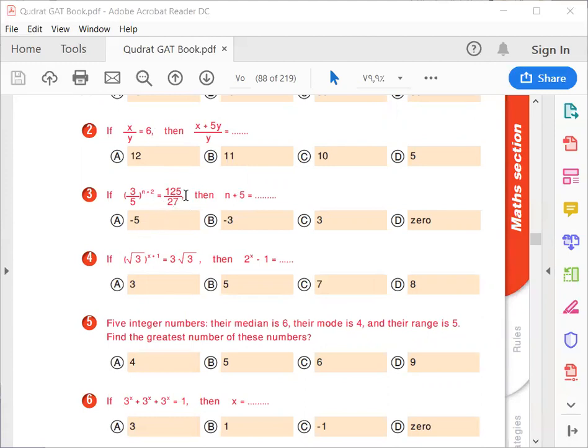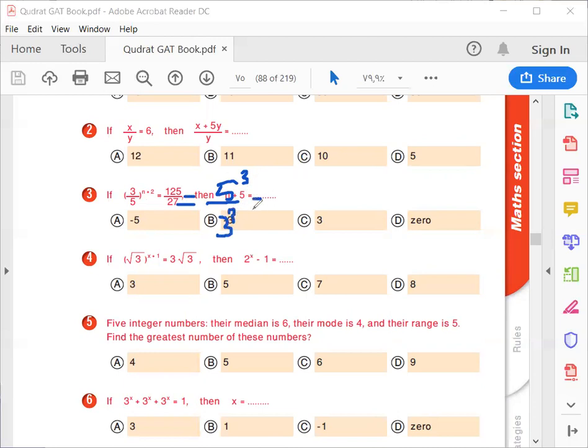So you must analyze 125 over 27 into prime numbers. 125, when you analyze, equals 5 to the power 3, and 27 is 3 to the power 3.